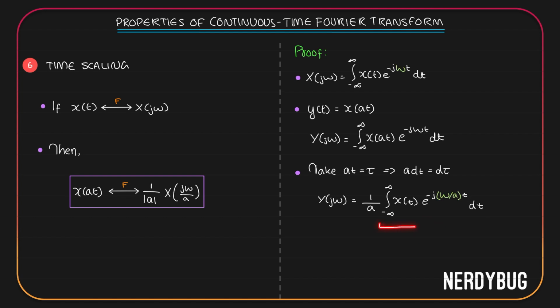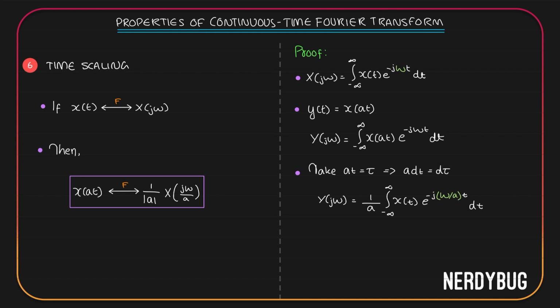We have integral from minus infinity to infinity x of t e raised to minus j omega by a t dt here. Comparing that with our original analysis equation, we can see the only difference is that instead of omega, we have omega by a here. Now, we have learned about time scaling before. Time scaling is supposed to expand or compress the signal.